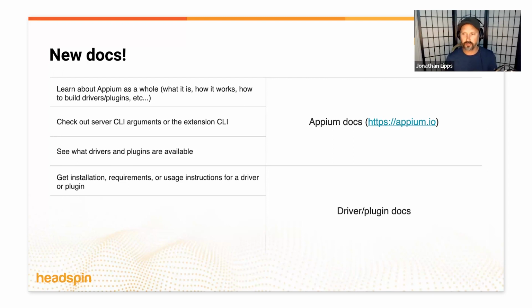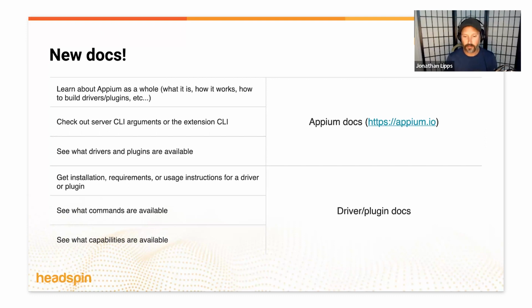You go to the XCUITest documentation, which we have linked from appium.io also for convenience. If you want to see what commands are available on a particular platform, say, can I run the install app command on this driver? Well, you go to the documentation for that driver and look in its command reference.